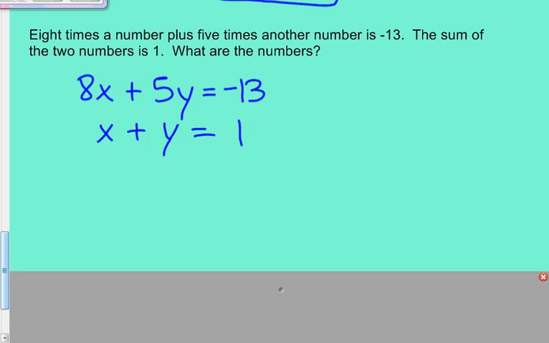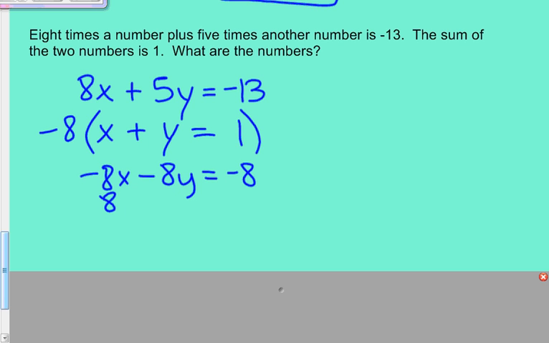What are the numbers? Well, before you can do these, you have to multiply one of them to create common coefficients. And in this case, I would multiply the bottom one by a -8. So you can create an equation that will cancel out with the top one. -8x minus 8y equals -8.